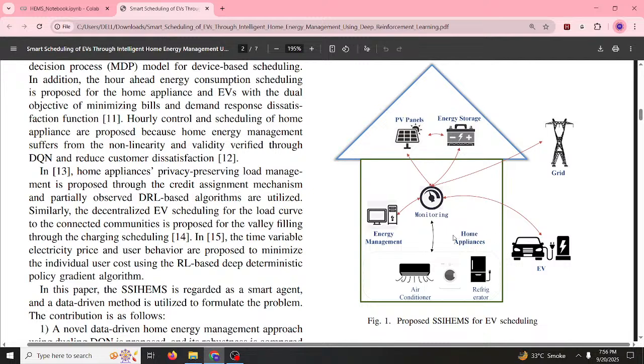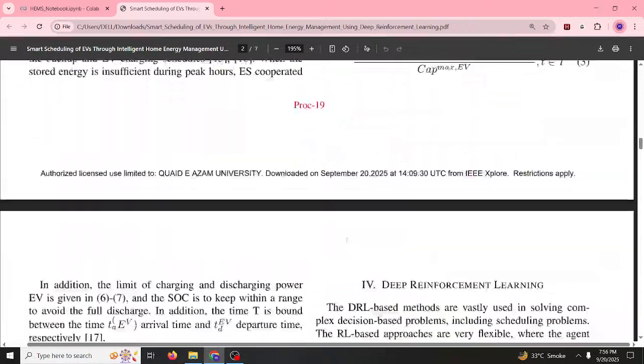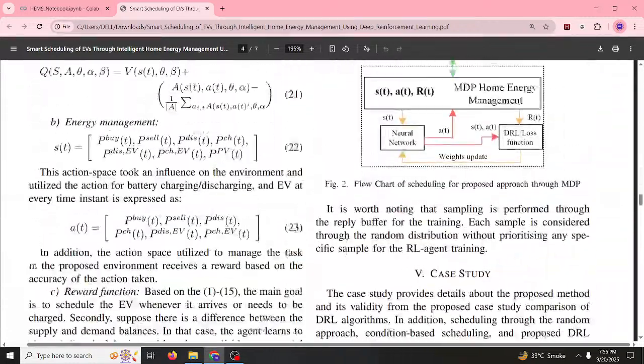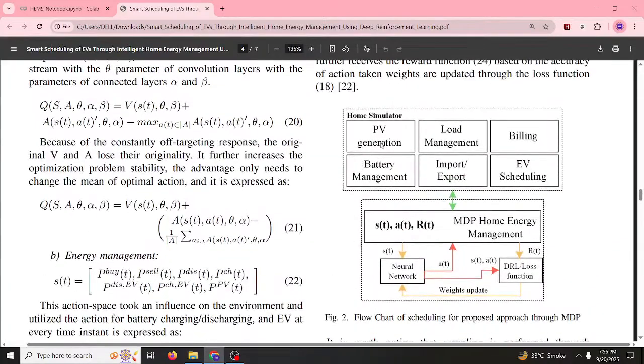So the objective of this study is to apply deep reinforcement learning algorithms such that we can control the generation to the load management overall. We have this photovoltaic generation coming from the solar panels, and this generation is also here from the utility grid.